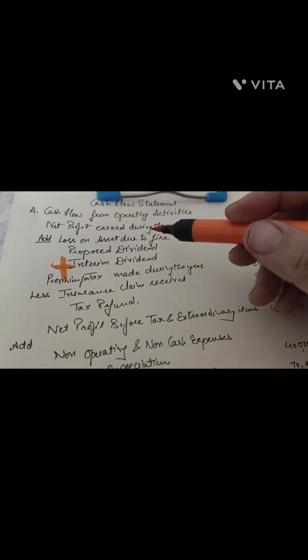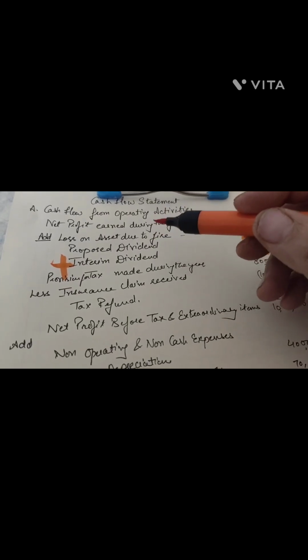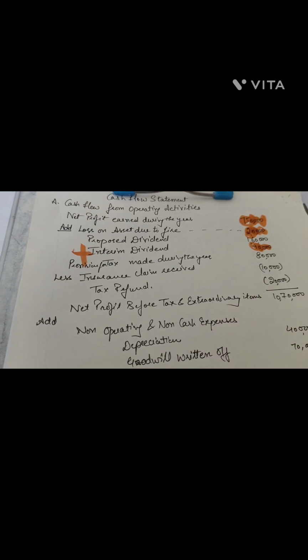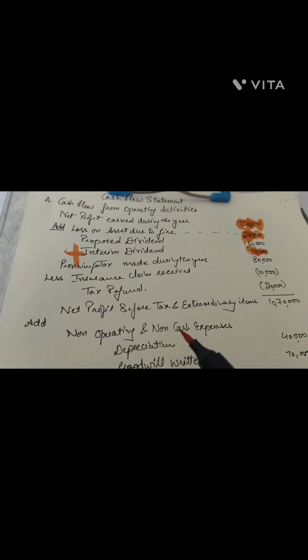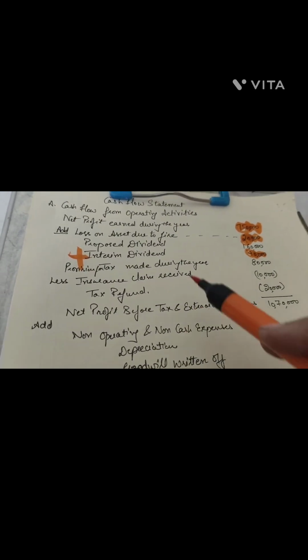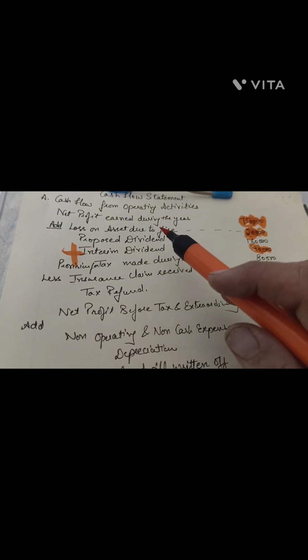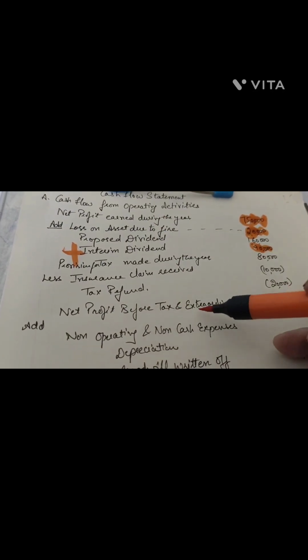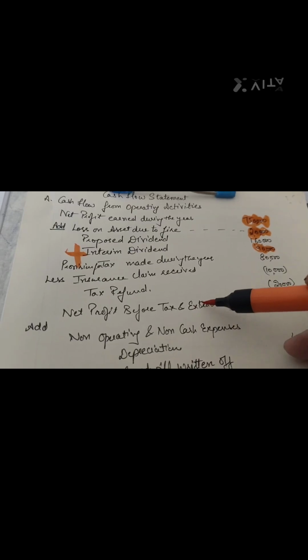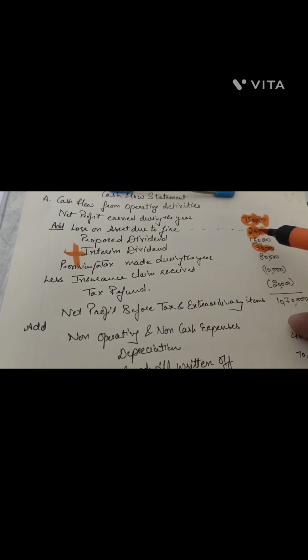Remind you, the loss on sale is taken under the head non-cash non-operating expenses, but loss on asset due to fire, due to earthquake will be considered before your extraordinary items calculation, right? So it is taken here.